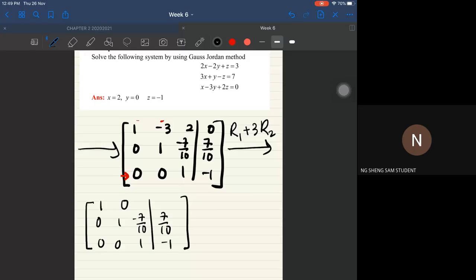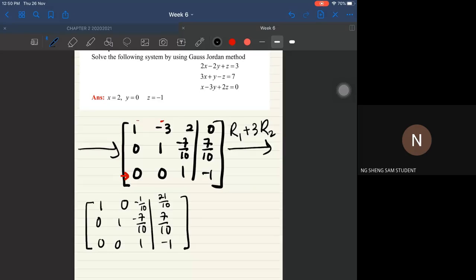So here should be negatif 1 per 10, betul tak? Kat sini negatif 1 per 10 dan dekat sini 21 per 10. Betul? Macam mana Aina Khairina boleh kira dapat 22? 1.